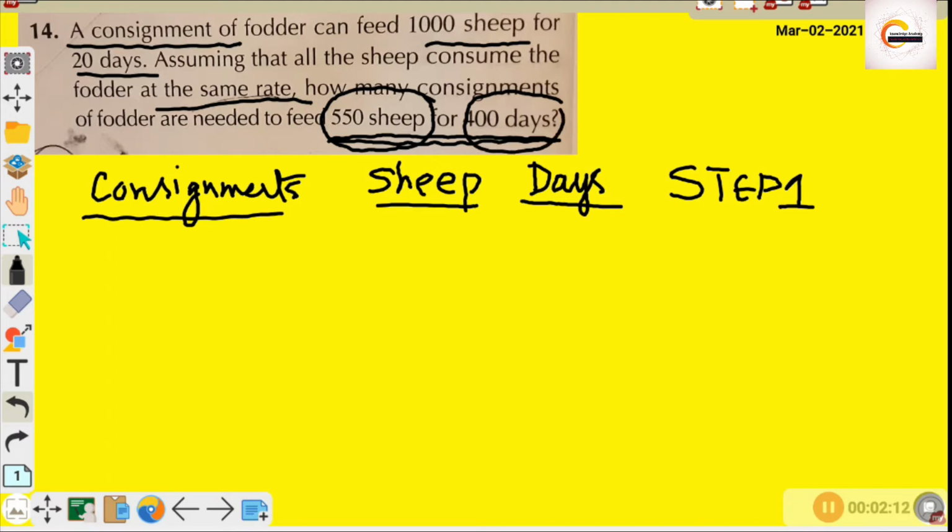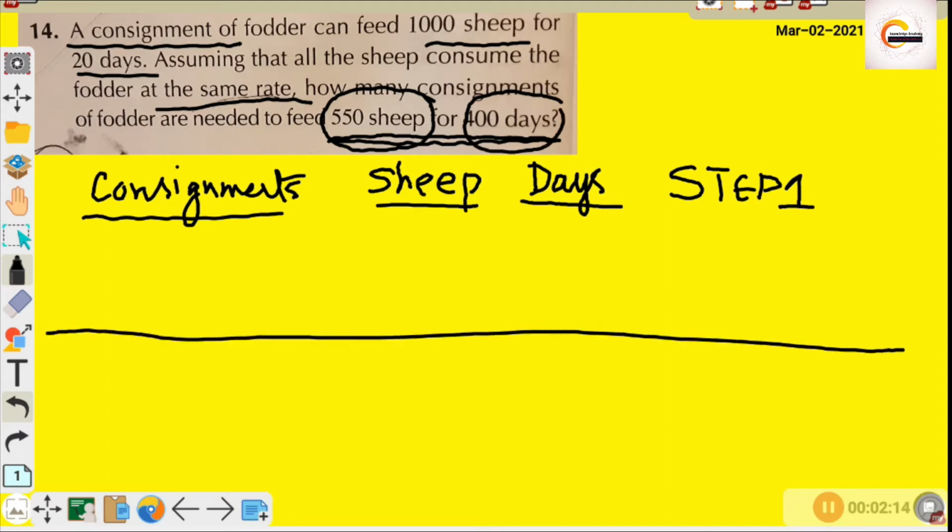So in the first step, according to the question, one consignment feeds 1,000 sheep and is consumed in 20 days. Okay, so I'm going to keep consignment constant, and in the next step I am going to keep 550 sheep constant.